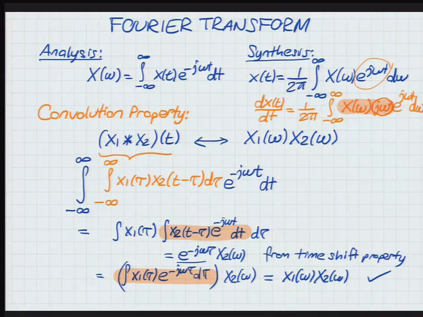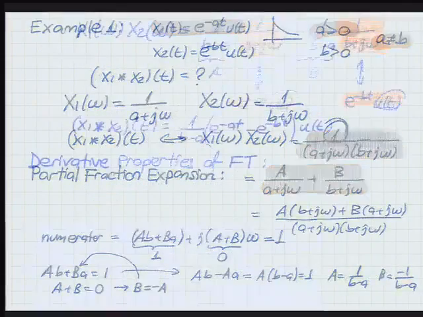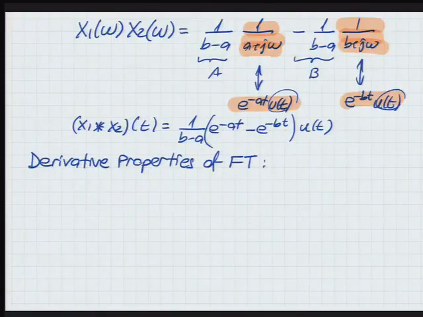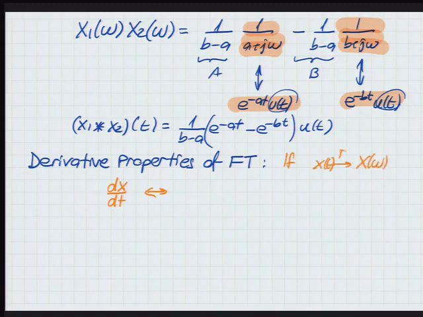Right? So that's our first derivative property. If x(t) goes with X(omega), if they're a Fourier transform pair, then dx/dt goes with j omega times X(omega).